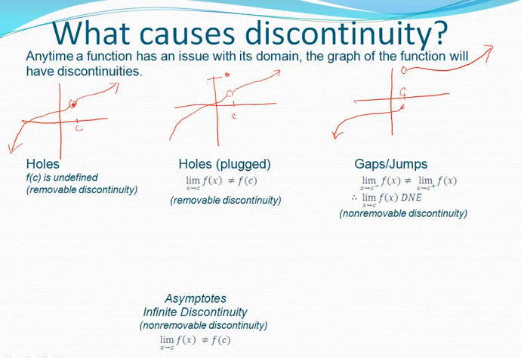My limit from the left is equal to a different y value than my limit as x approaches c from the right. Therefore, since my left-sided limit does not equal my right-sided limit, then my limit as x approaches c does not exist, and this is a non-removable discontinuity.